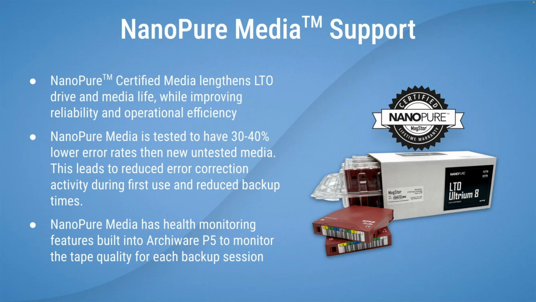Just before we do, Pete, the reduced backup times, they're coming from the fact that without the higher quality media, the writing of the data to the tape is going to involve some blocks of data not being correctly written, that being detected in the drive, and then being rewritten, and therefore takes more time, uses more tape, right?